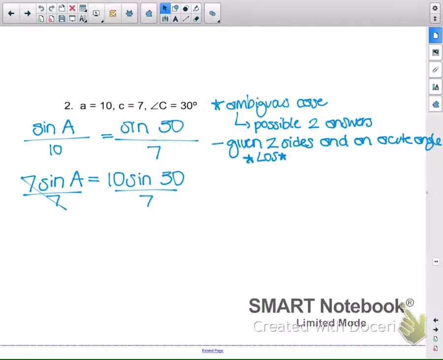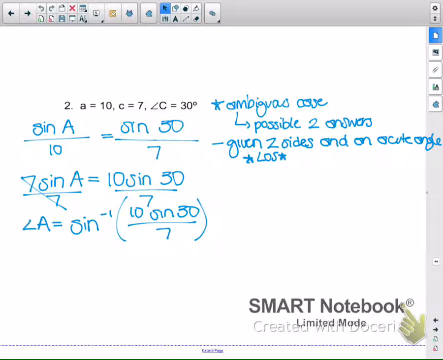Then, when we're solving for angles, angle A, how do I solve for that in my calculator? Or what buttons do I use? I use the inverse sine of the stuff on the right. Remember, inverse sine is used when you are solving for angles. So in my calculator, I'm going to go ahead and type in the inverse sine of 10 sine 30 over 7.